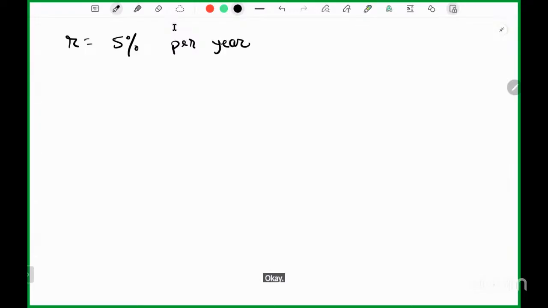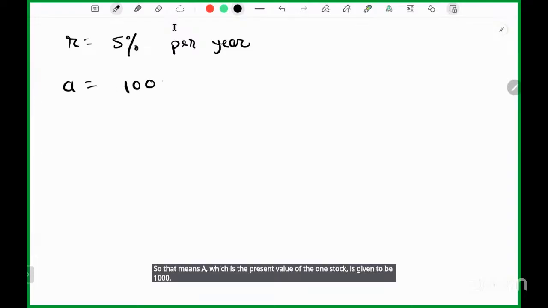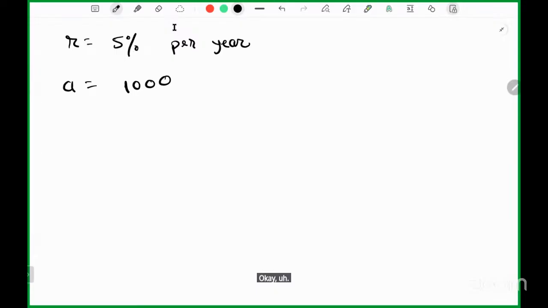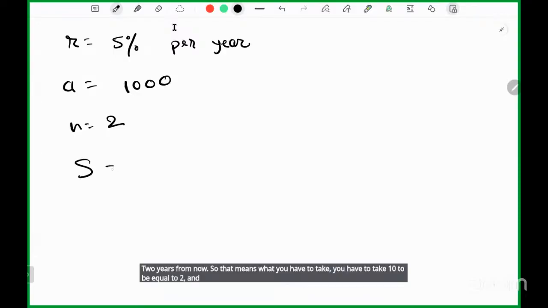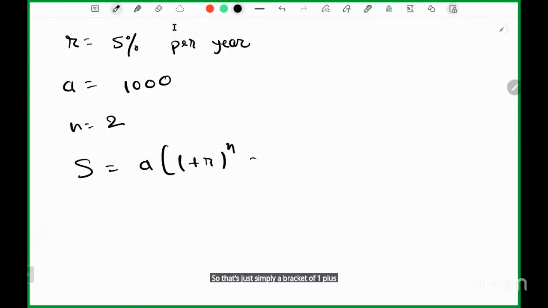And if the value of one share of stock is 1000 at present, that means A, the present value of the one stock, is 1000. Now find the value in rupees of one share of the stock 2 years from now. So you have to take n equal to 2 and find the value of S. S is simply A times (1 plus R) to the power n. That is 1000.